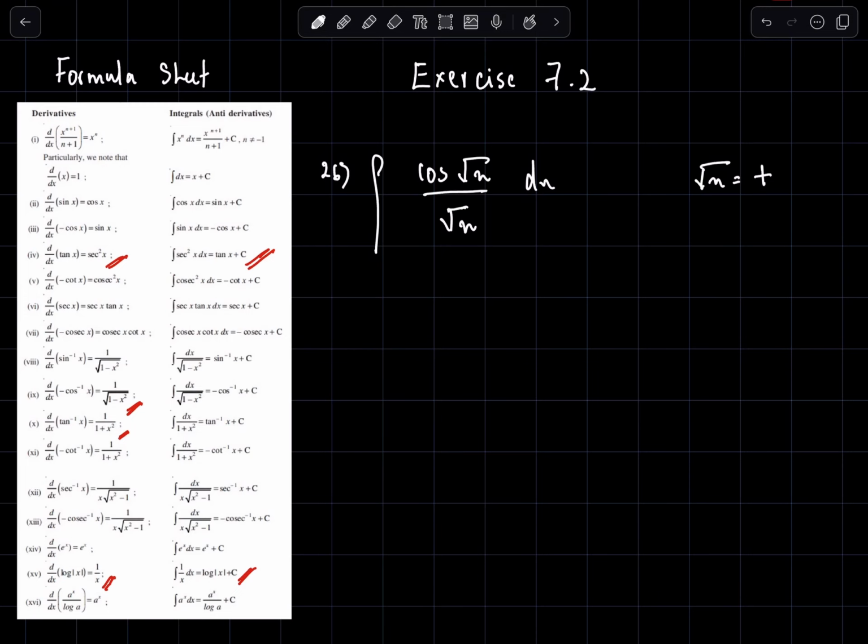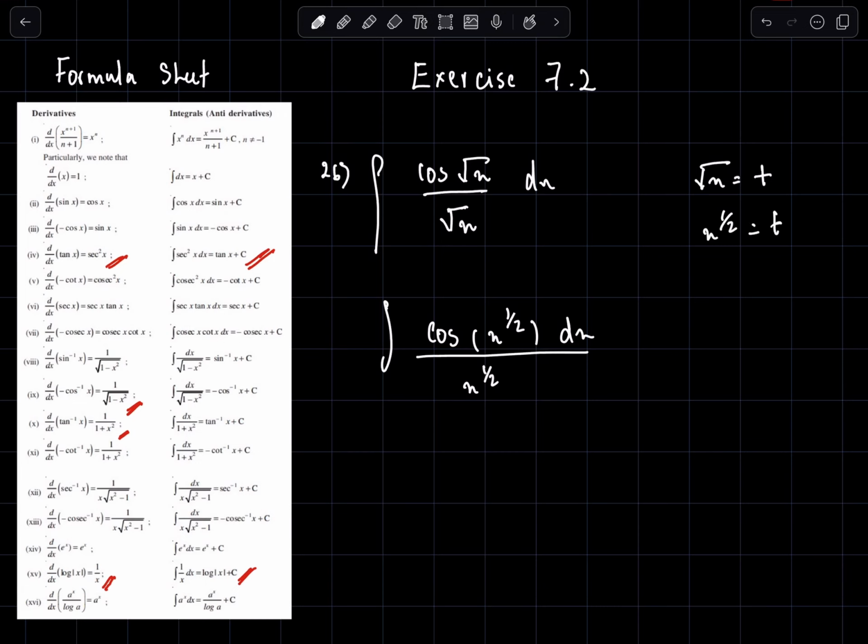I would better write this equation as cos x to the power half dx divided by x to the power half. Then you take x to the power half as t. So x to the power half is equal to t.